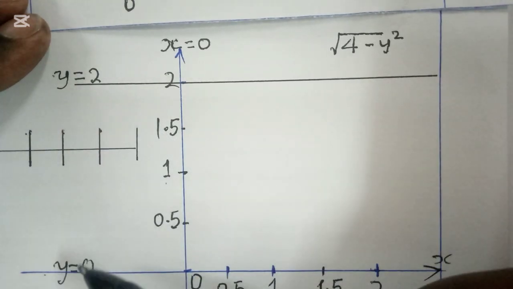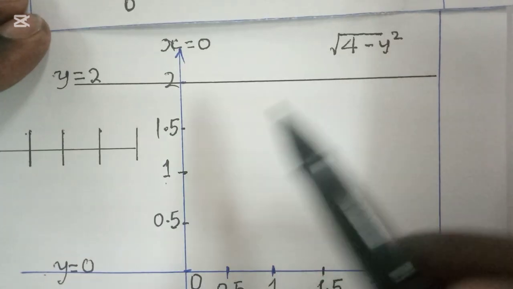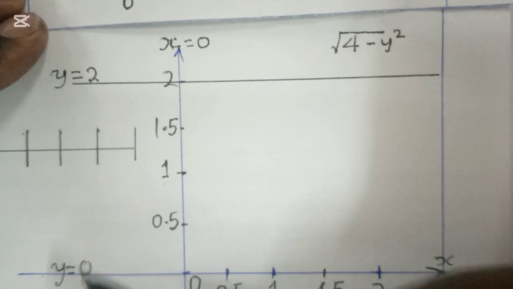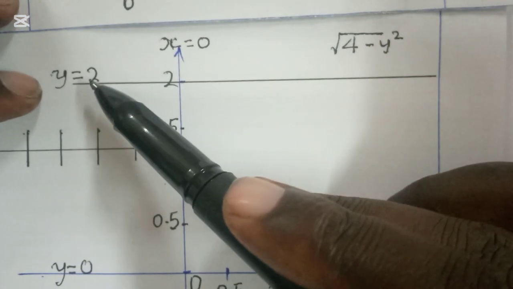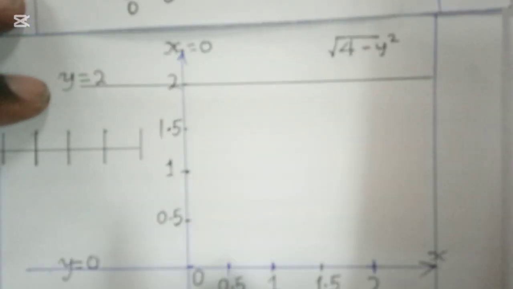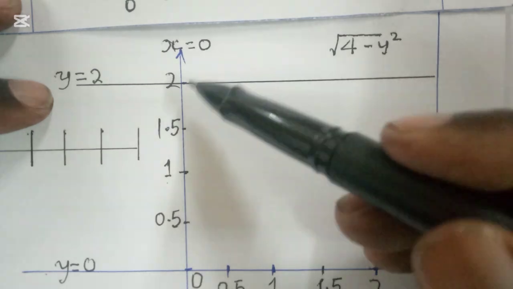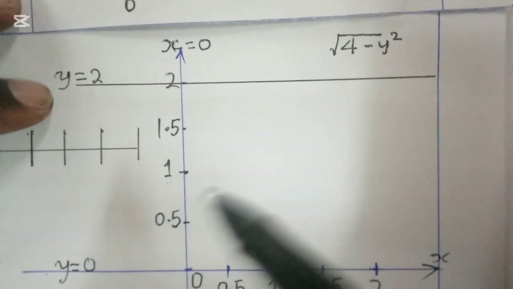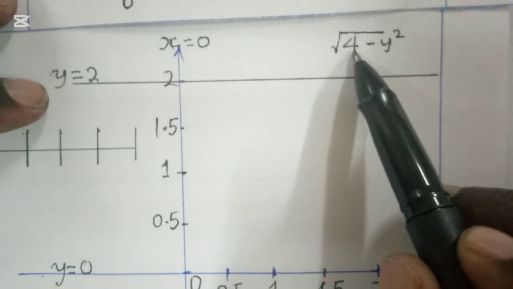If we put y equals 2, we have 4 minus 4, which is 0. If we put y equals 0, we have 4.